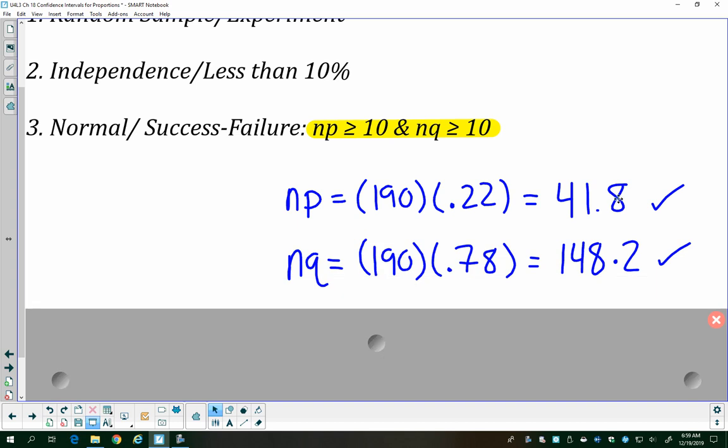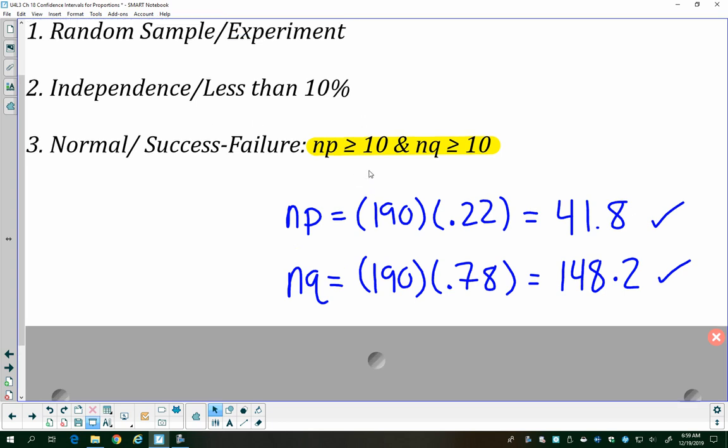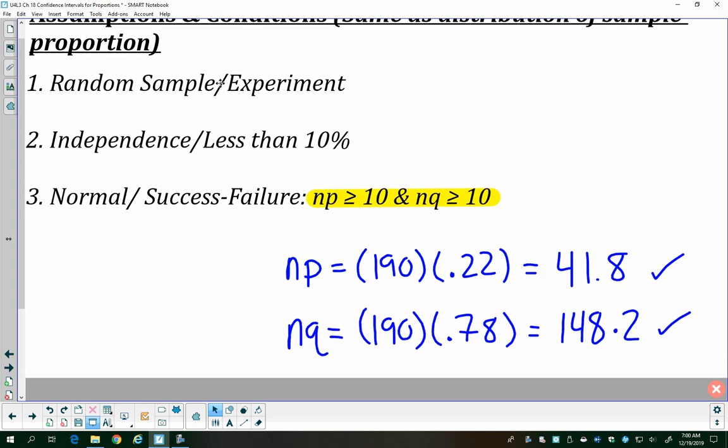Out of our 190, we had approximately 41.8 mislabeled and 148.2 not mislabeled, so we meet that criteria. And we did have a random sample. We assume those 190 packages are random, and that 190 packages of seafood is less than 10% of all the packages of seafood being shipped to restaurants and stores.